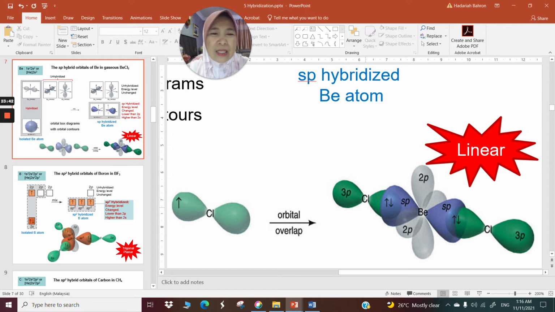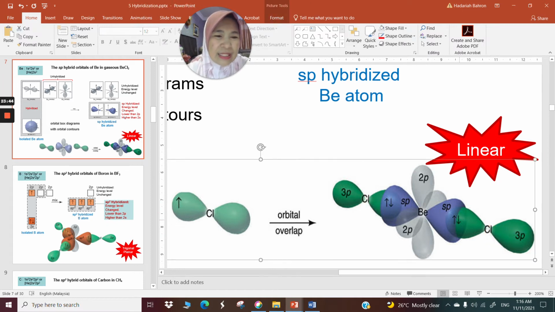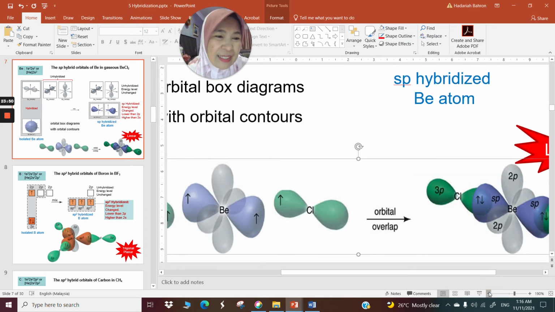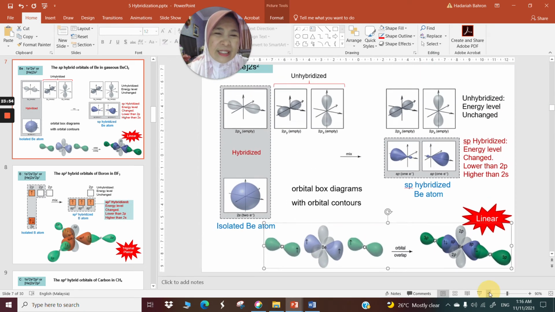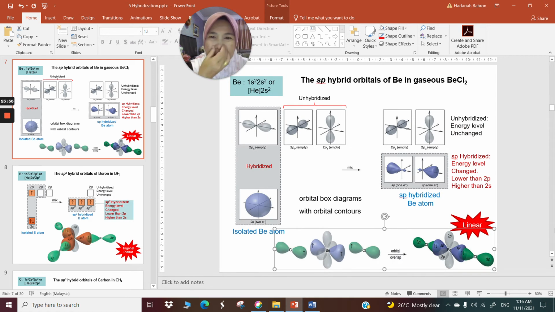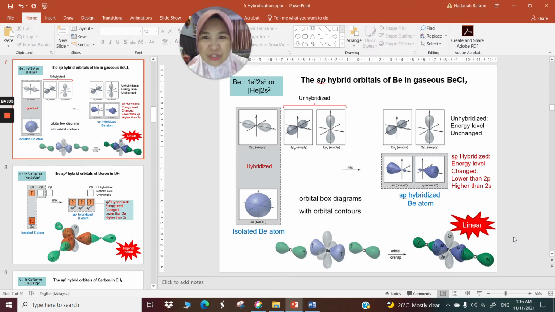So the Cl-Be-Cl bond angle is 180 degrees, and you get a linear molecule. Yep, you get a linear molecule, and linear molecule is always associated with sp hybridization. Well, almost always. You're going to see some exceptions later.